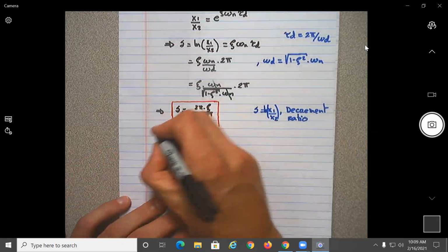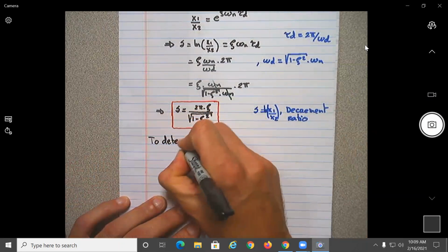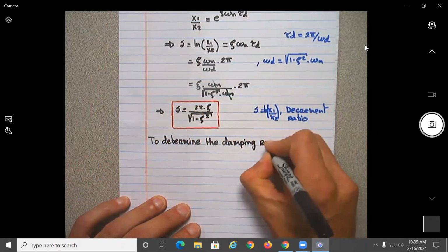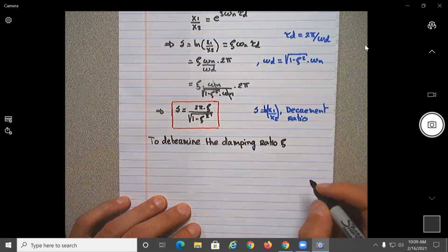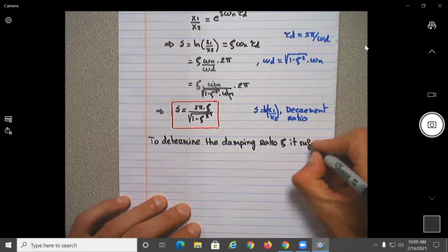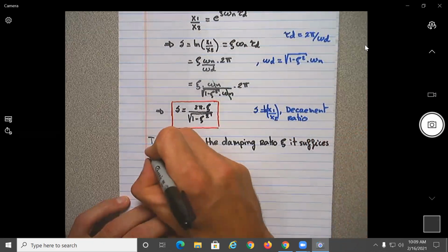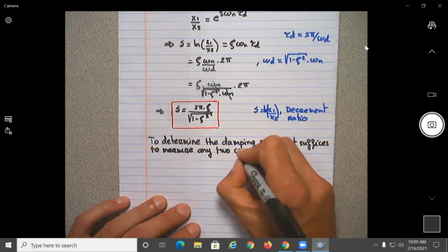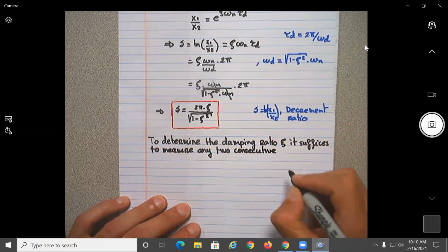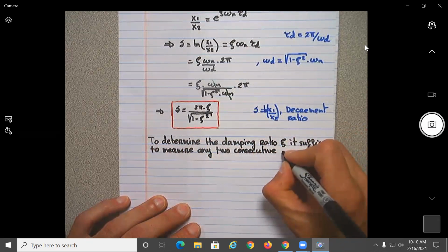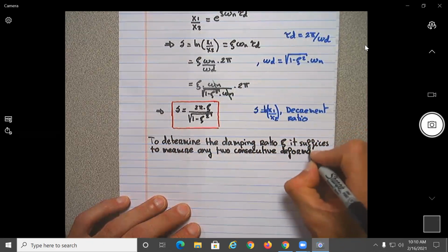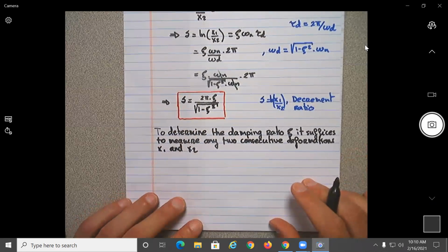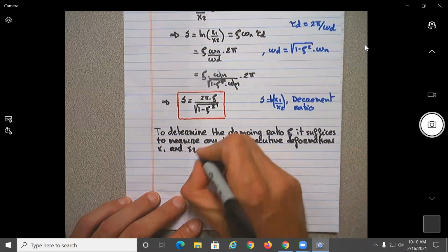So basically what I need to do now to determine the damping ratio zeta is that it suffices to measure any two consecutive deformations x1 and x2 in one cycle.